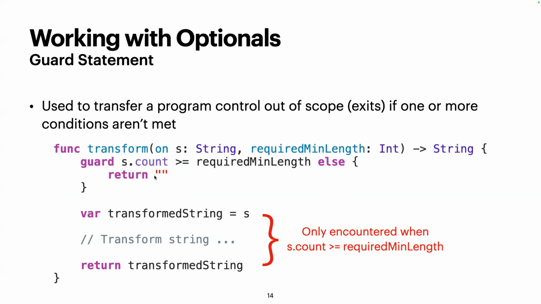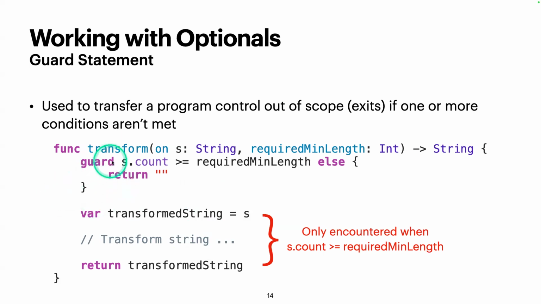This is like a gate where this requirement needs to be met. If it's met, we unlock you to go forwards. Else, if it's false, we'll keep you out, and we say, hey, you can't get in here. This is not valid. So this is a cool way of concisely writing an if-else statement.